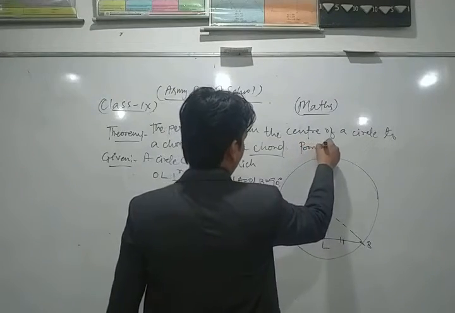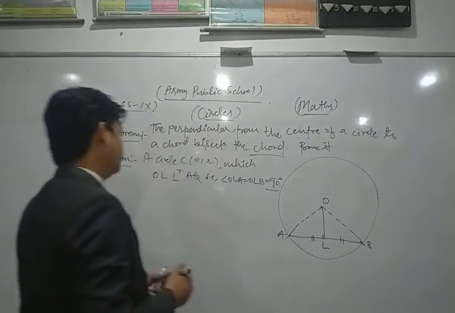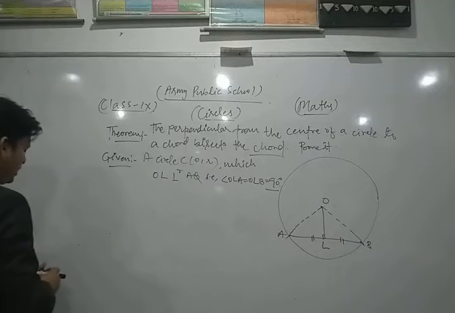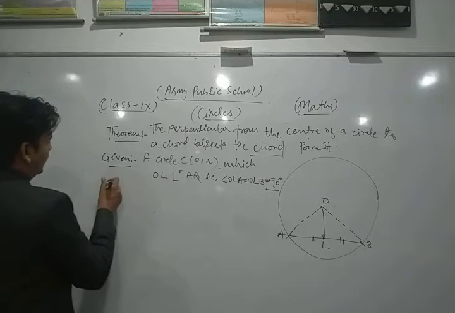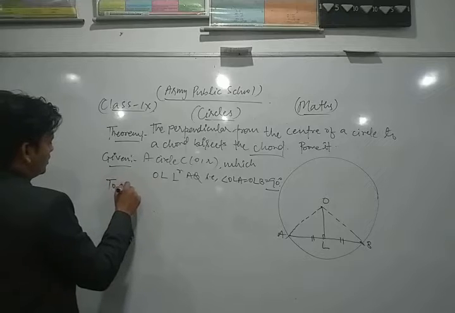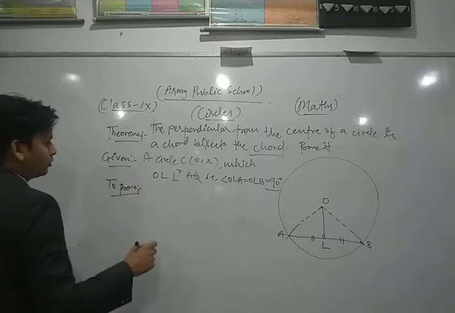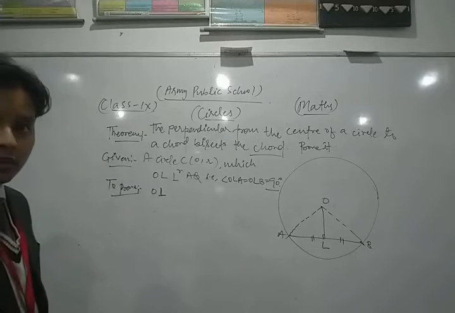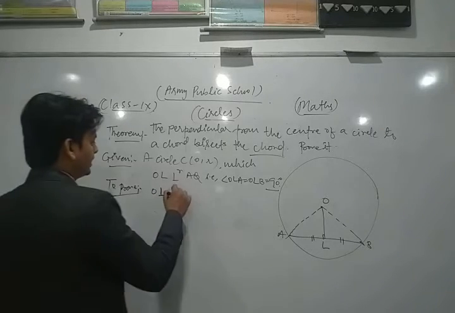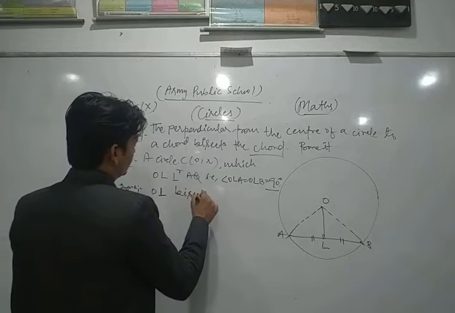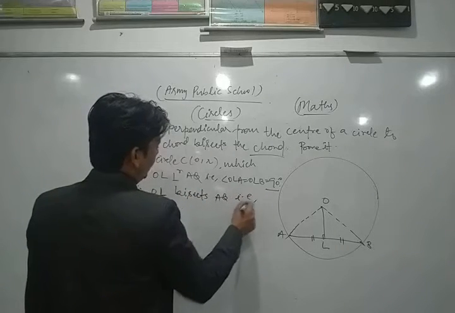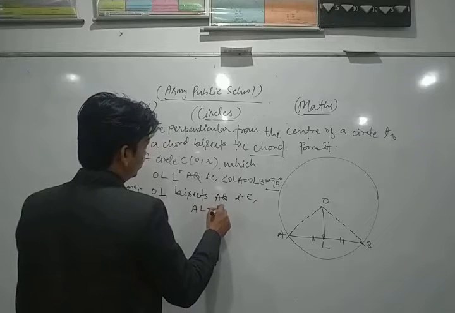After that, we write To prove. We have to show that OL bisects AB, that is, AL is equal to BL.